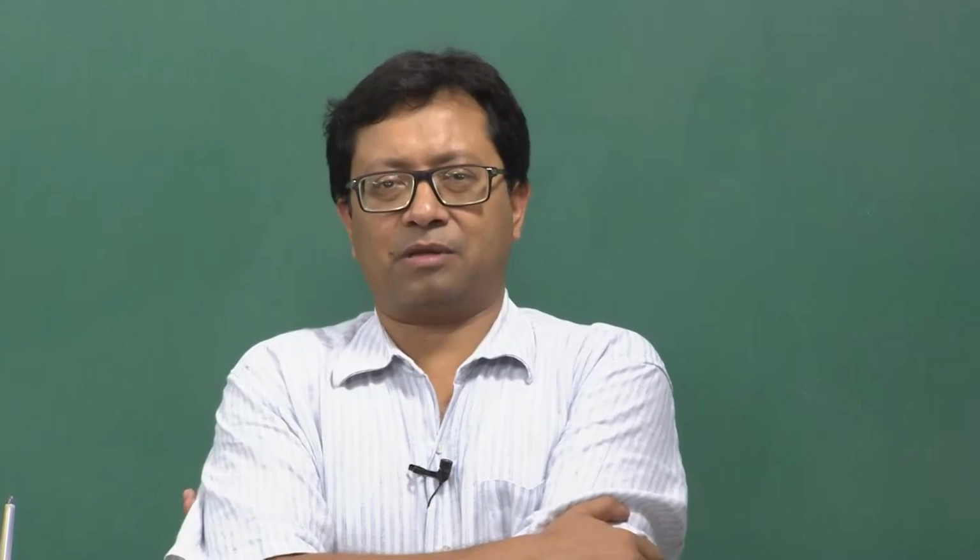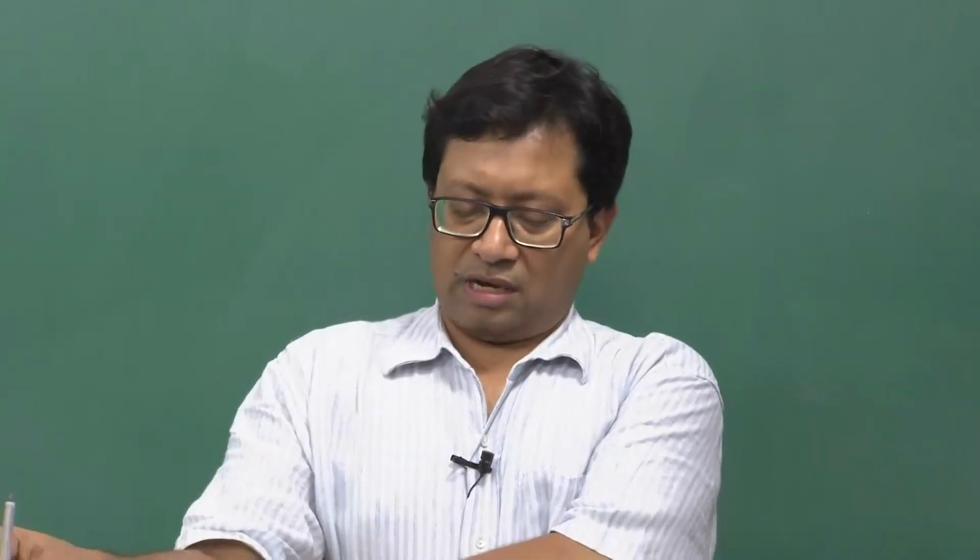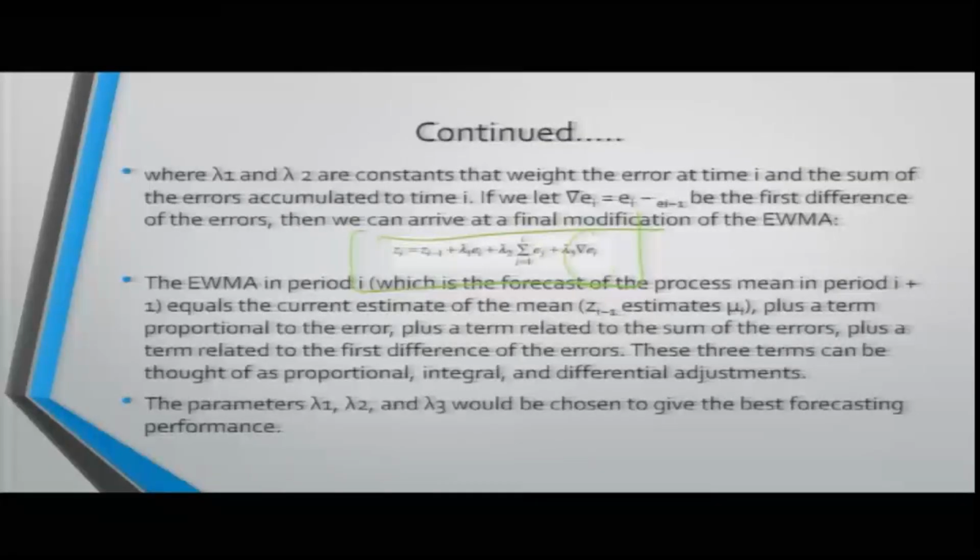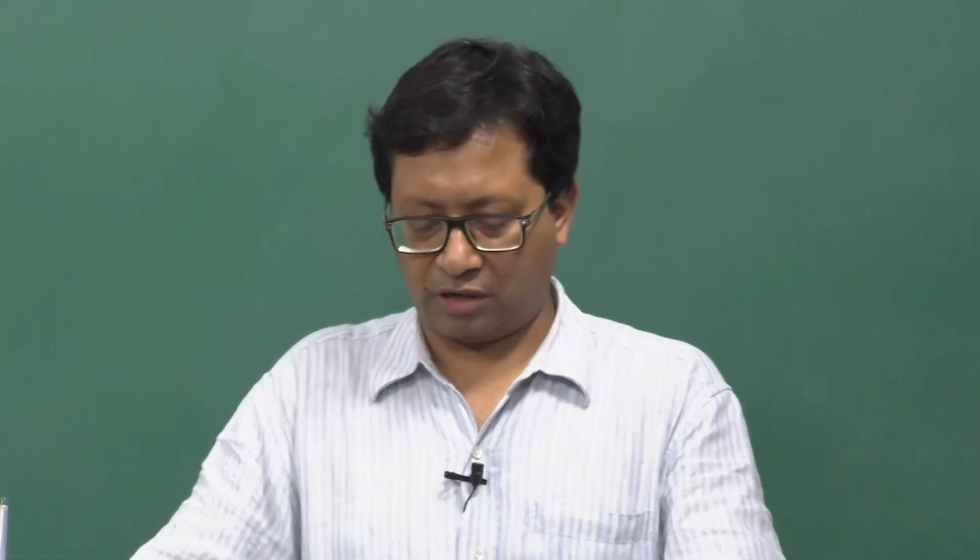So, we can sum them up and find it out. This factor delta would basically be the difference of the error for time period 1 and time period 2. So, the EWMA in period i would equal the current estimate of the mean value plus a term proportional to the error plus a term related to the sum of the errors, and it will be done recursively from time period 1 onward.